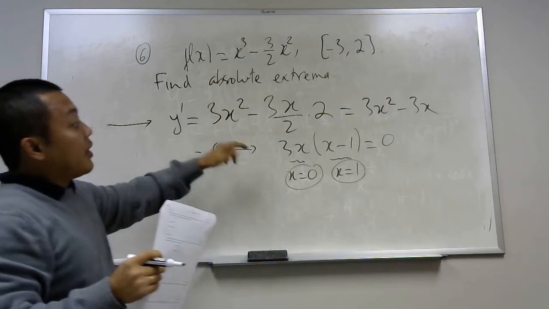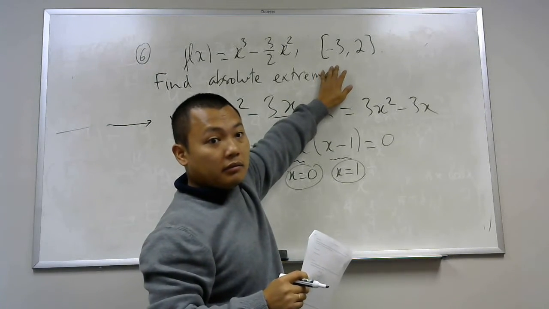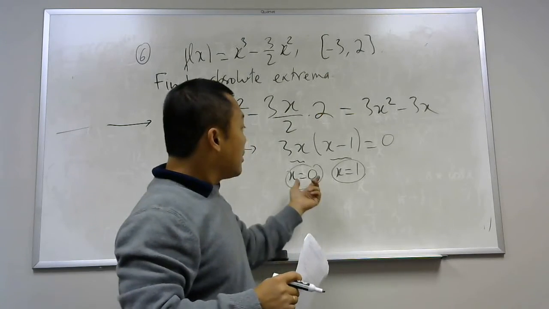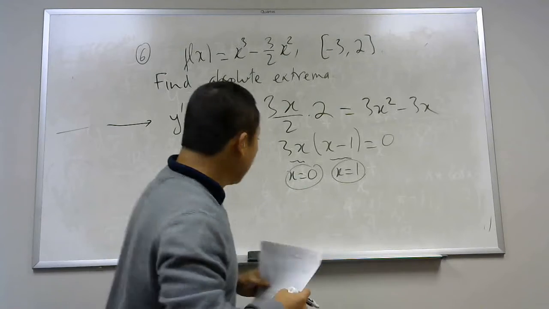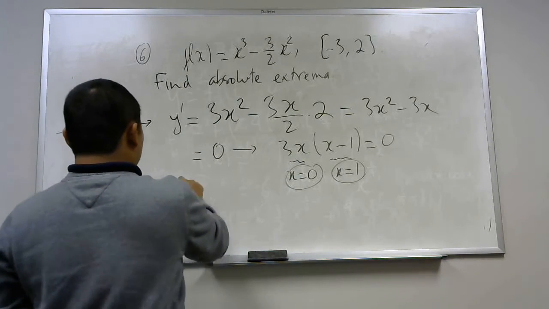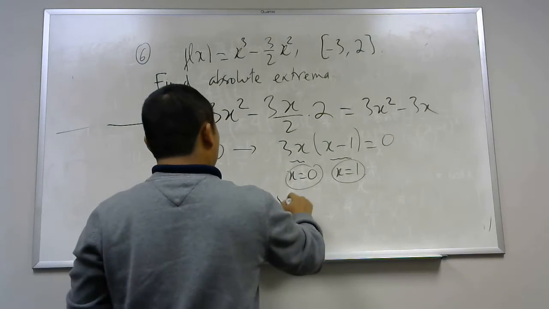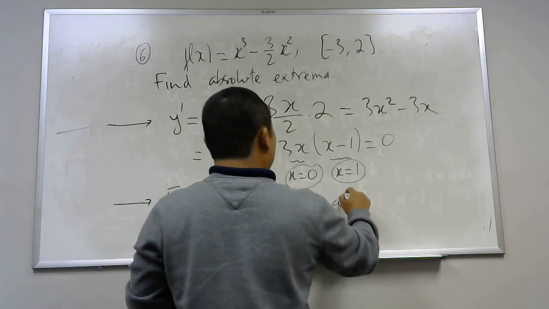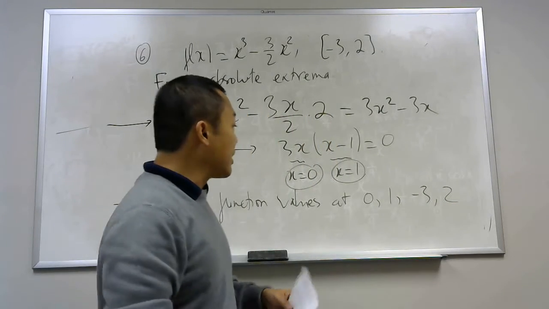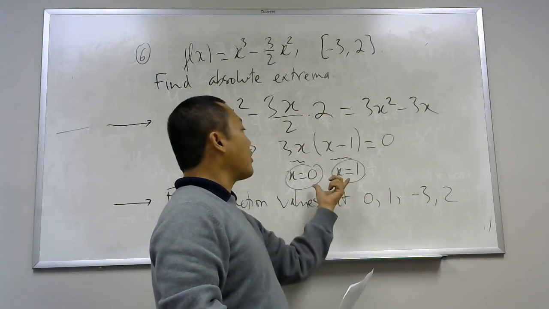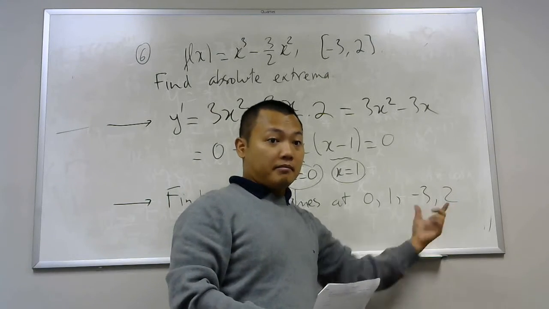And then we say 1 and 0 are in this interval, right? So that means all critical points are in the given interval. The next step we need to do is find function values at 0, at 1, at -3, and at 2. That means we have to find function values at all critical points in this interval and at the 2 endpoints.